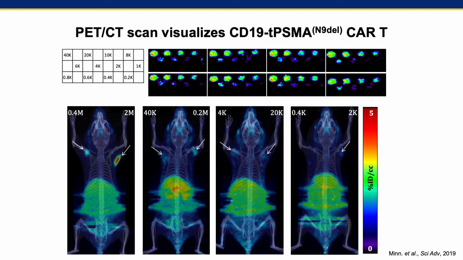Also, when we implanted different numbers of T cells in the shoulder of a mouse, we were able to detect about 2,000 cells in 15 microliter volume using a preclinical PET scanner, which demonstrates a superior detection sensitivity compared to other PET imaging studies of CAR T cells.